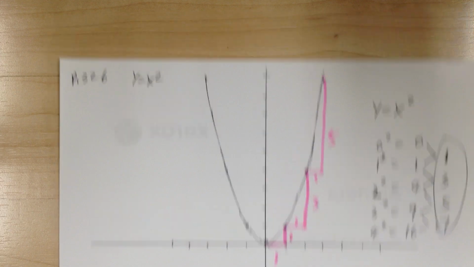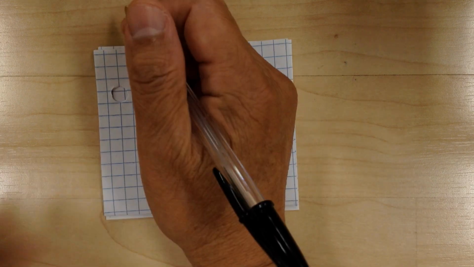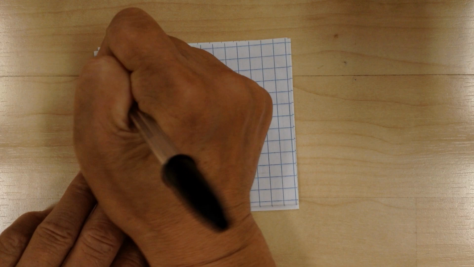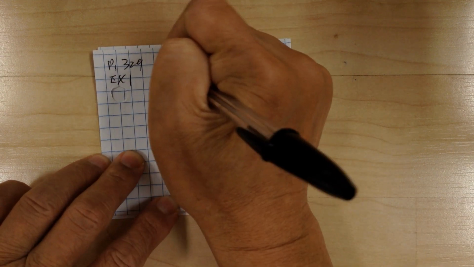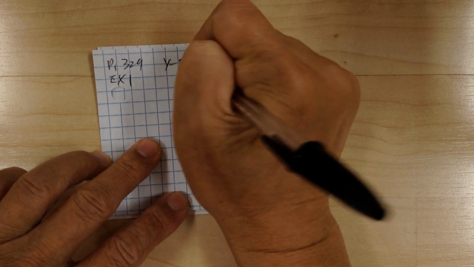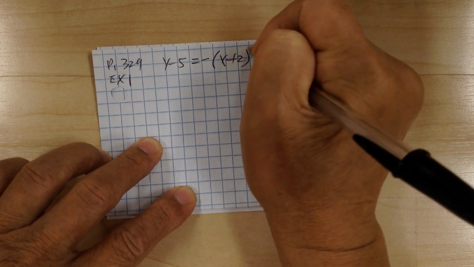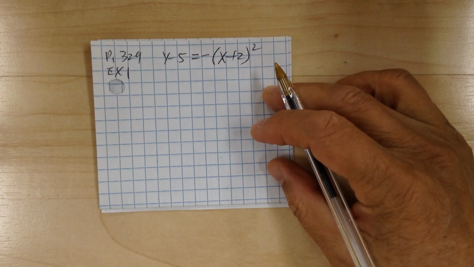Okay, so let's go over some examples. Let's go to example 1, page 329, example 1. You want to graph y minus 5 equal to negative x plus 2 squared.